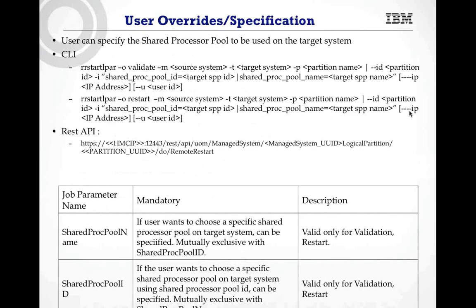This last thing we haven't talked about in any of the charts before. Let me backtrack a little bit. When you do live partition mobility, there are a lot of options on the LPM command on the HMC to do all sorts of exotic things.